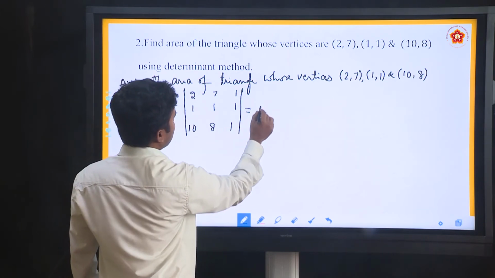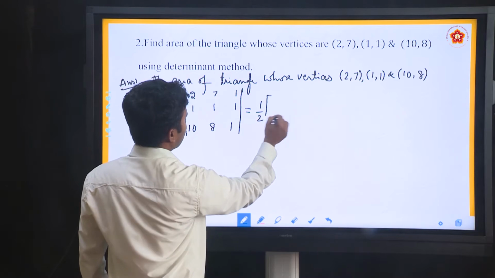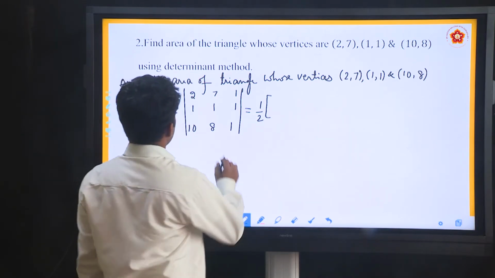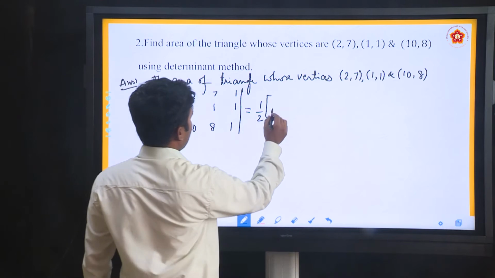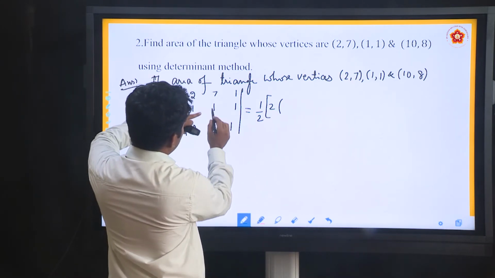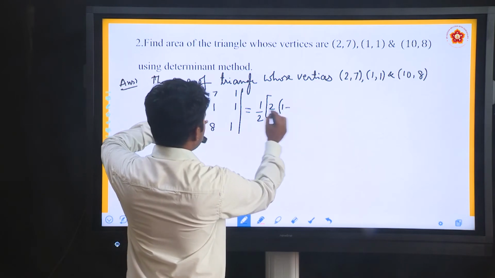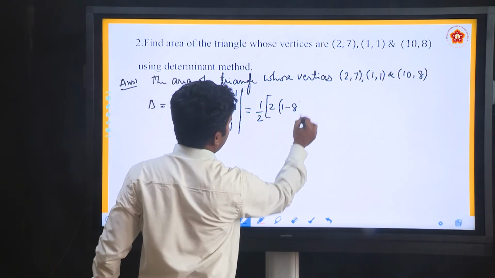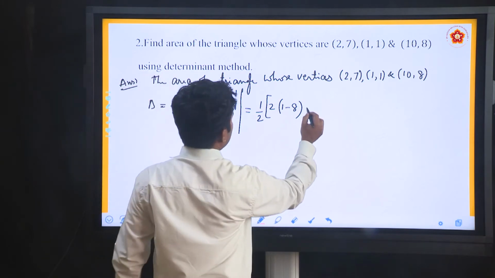Okay. So, you just expand the determinant along the first row. Okay. So, what is the first row here? 2 7 1. So, 2 into, you just delete this and this, 1 into 1 is 1 minus 1 into 8 is 8, and what is the sign here?